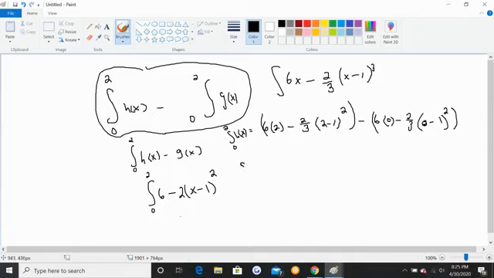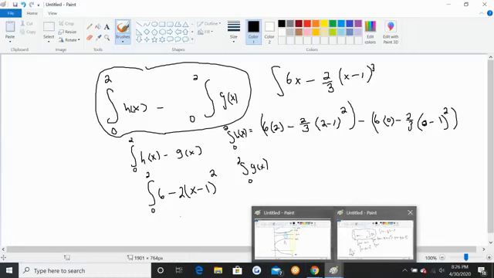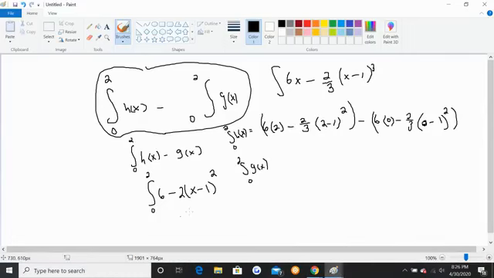And now we do the same thing for the definite integral of g of x. Now this one's a little trickier because we have the function -2 plus 3 cosine.